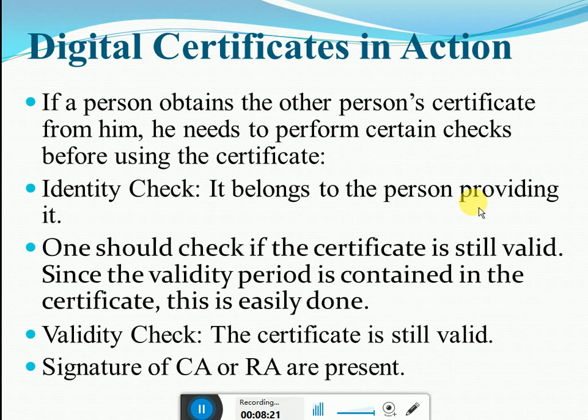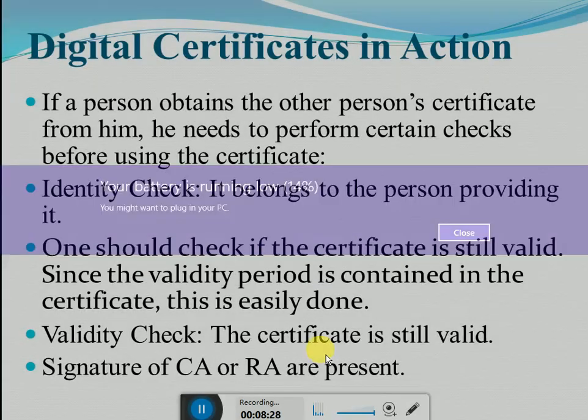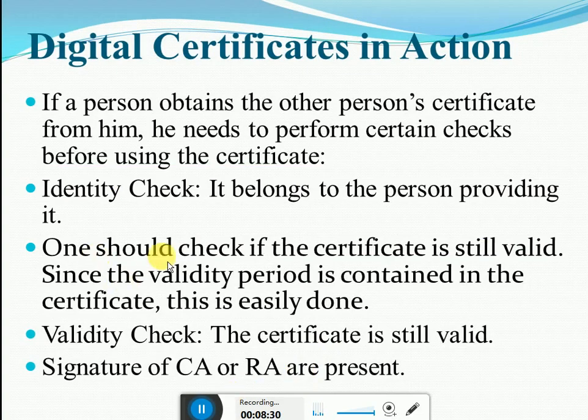The second is he checks if the certificate is still valid, since the validity period is contained in this certificate, this is easily done. Then next, the signature of the CA or RA is present, like who has issued this certificate, his signature will be verified.